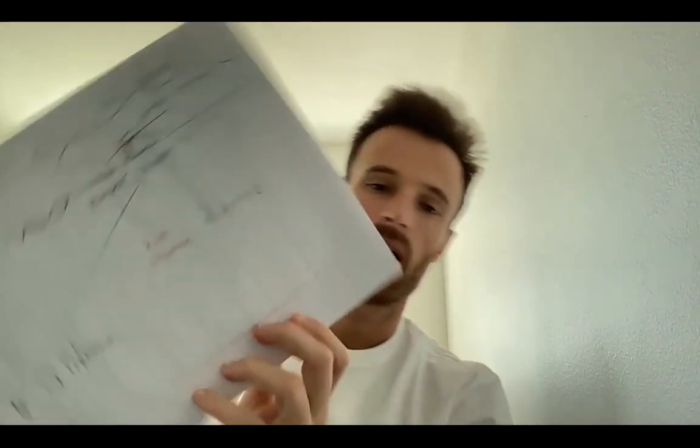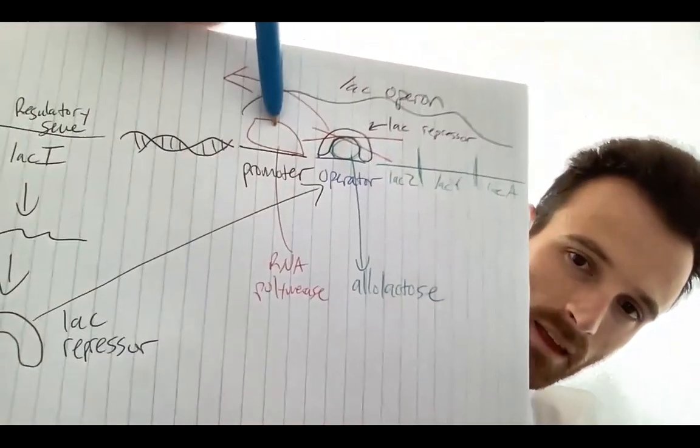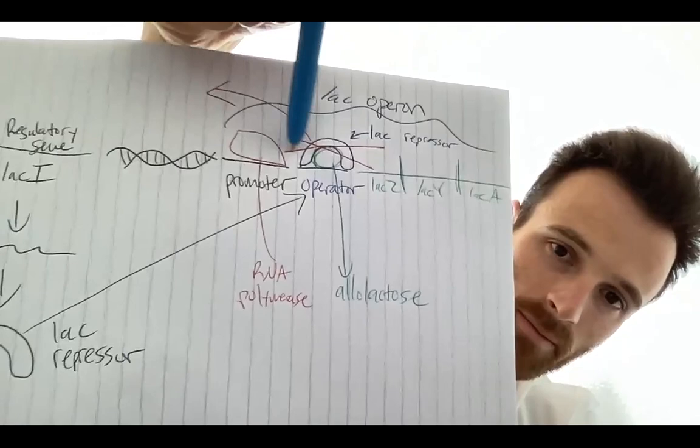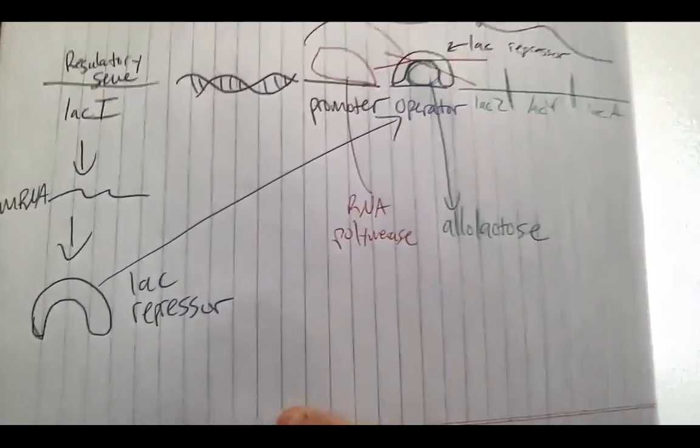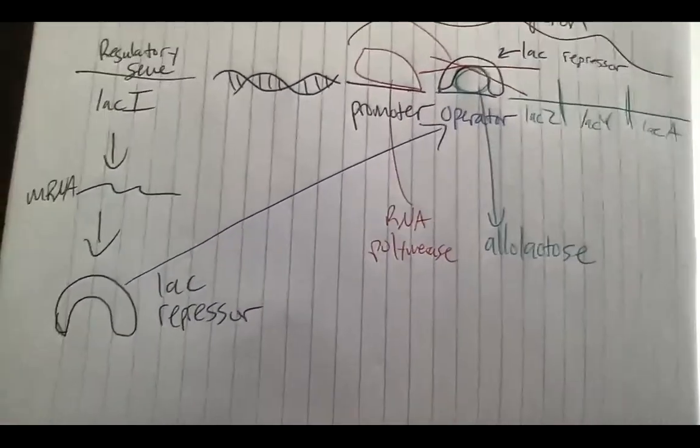The genes in the operon, right, to produce lactase enzyme. And so we'll draw that out as well. To break down the lactose that is now around.